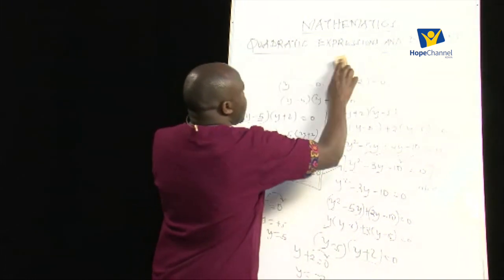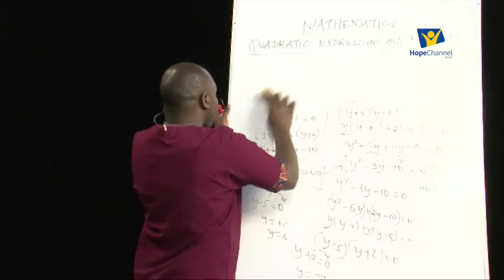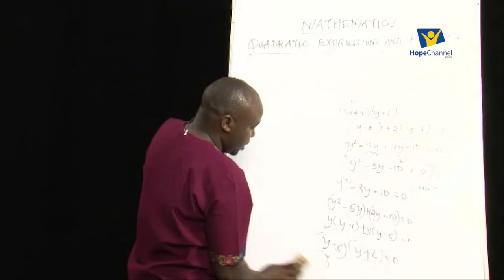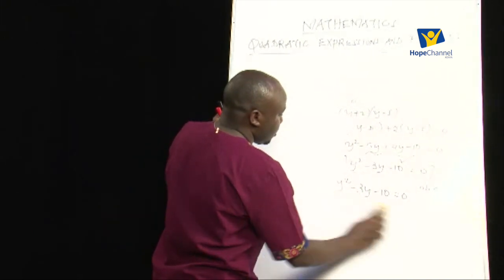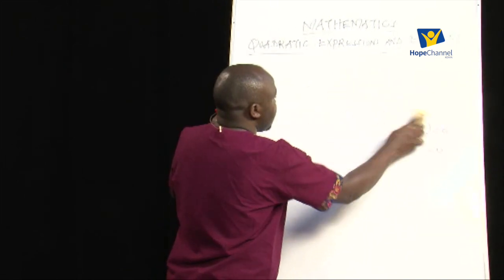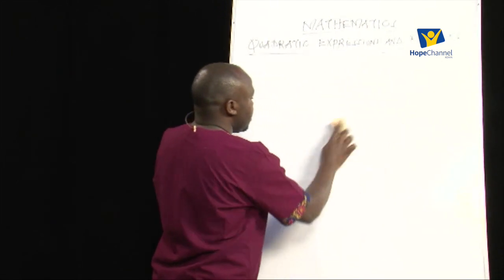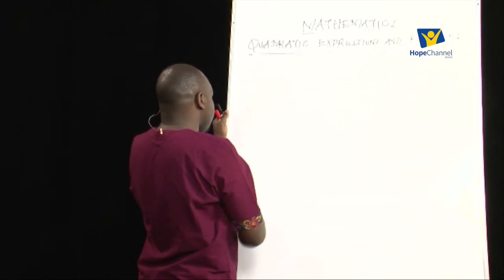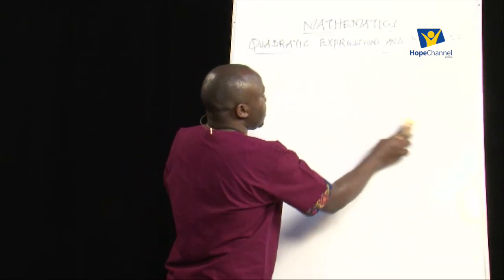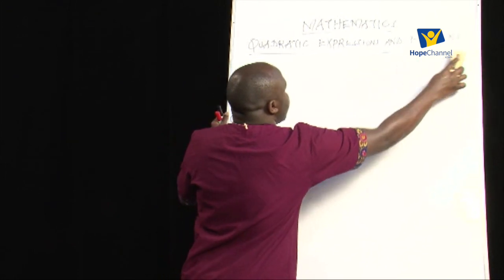Now I want to take it a little bit higher and introduce other formulas that are used to solve quadratic equations and expressions. Remember what I just told you with the first formula, which in mathematics we call the product sum rule. Product means multiplication and sum means addition, whereby you look for two numbers.